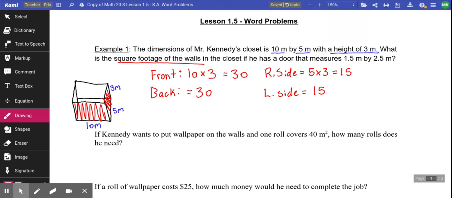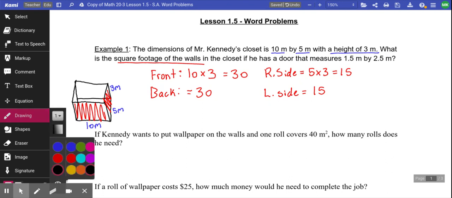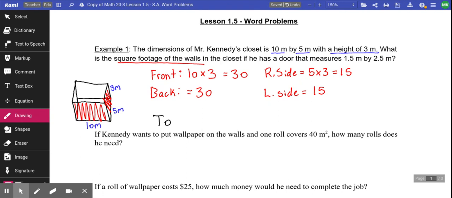That'll give me the walls. So if I wanted to total that up, it would be 30 plus 30 plus 15 plus 15 for a total of 90 meters squared.